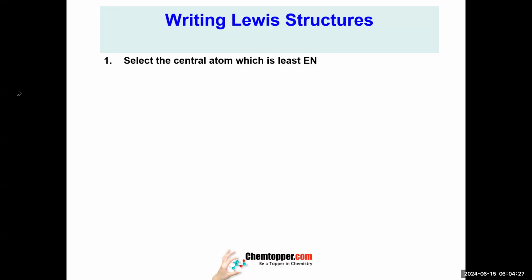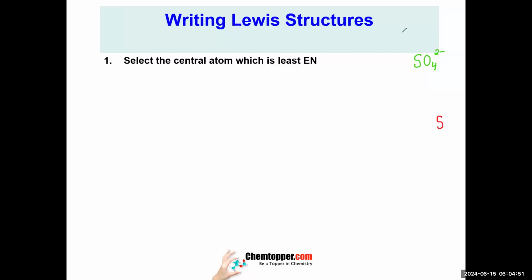I'm picking up the species SO4 2 minus. So which one is the less electronegative element here? Sulfur. Okay. Now rule number 1 says select sulfur, so I have selected sulfur.